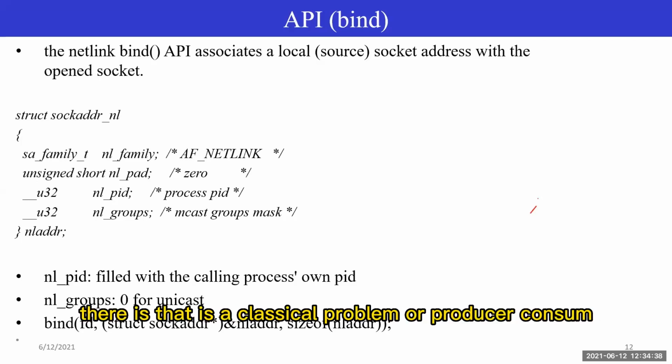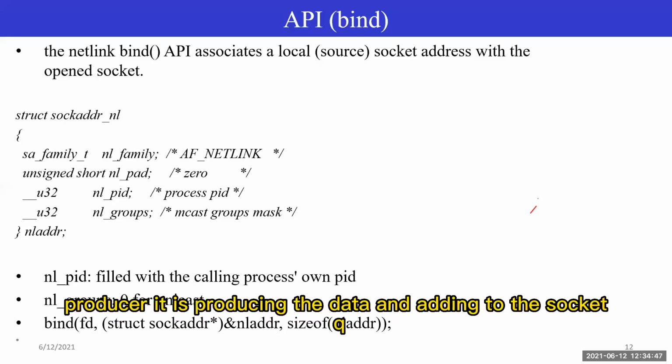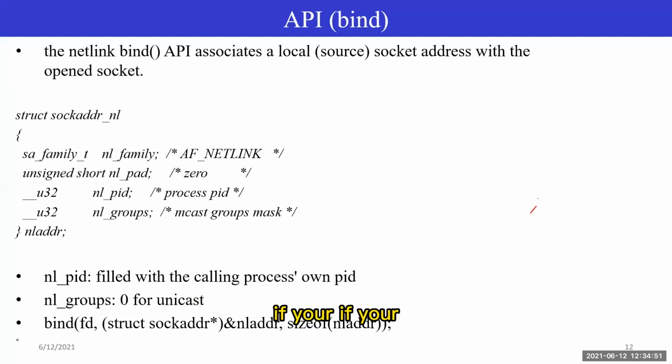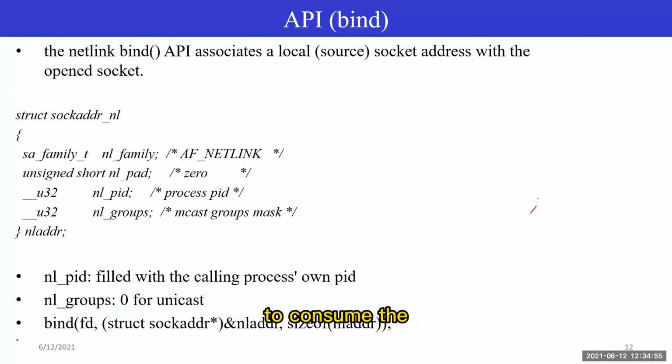That is a classical producer-consumer problem. So here the kernel is the producer. It is producing the data and adding it to the socket queue. If your user space application is not smart enough to consume the packets quickly, then yes, definitely there is a chance of missing a packet.